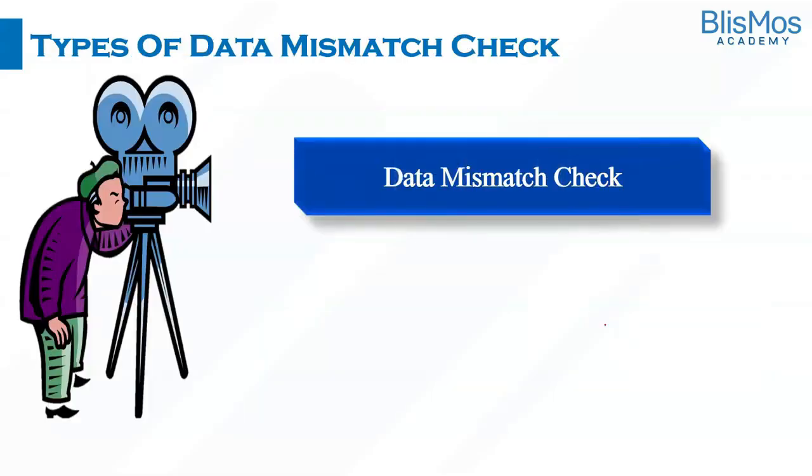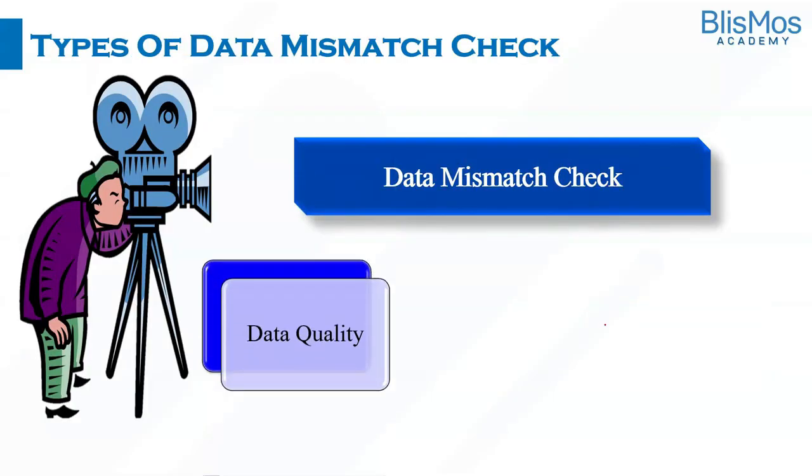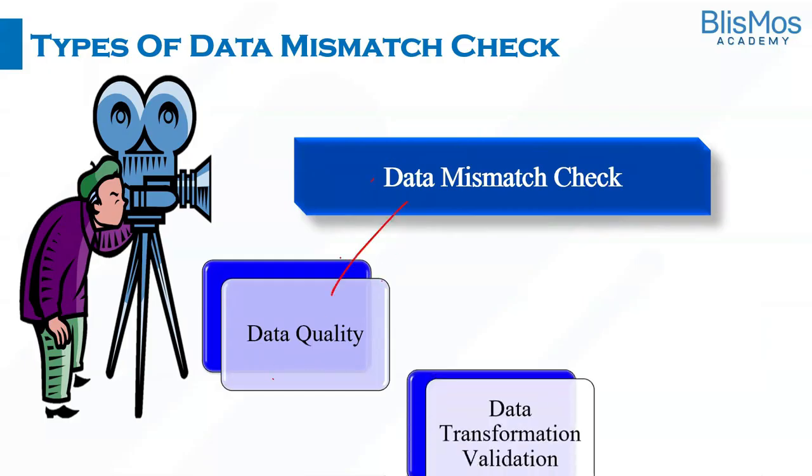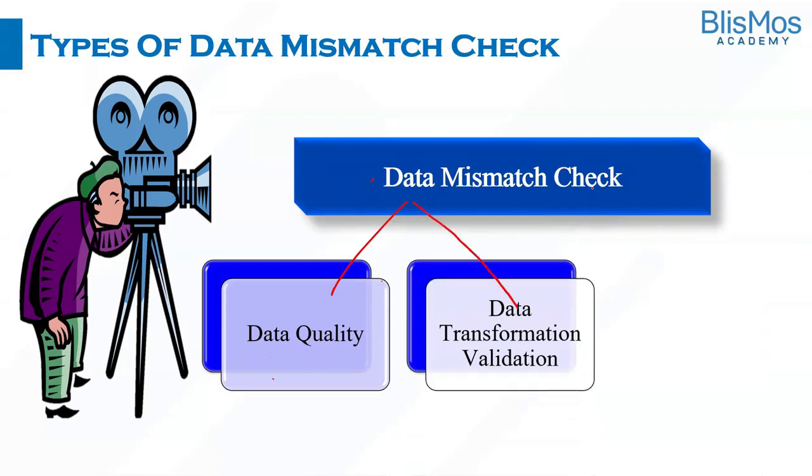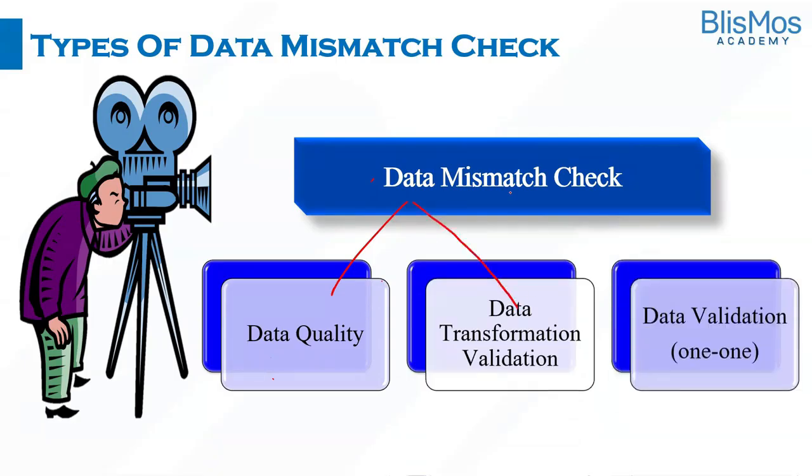At a high level, in a data mismatch check, we have data quality as one of the types, we have data transformation validation, and we have one-on-one data validation. Depending upon different scenarios and different places, people classify them in different ways.